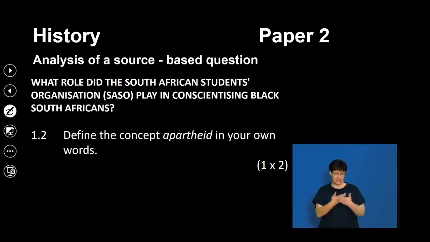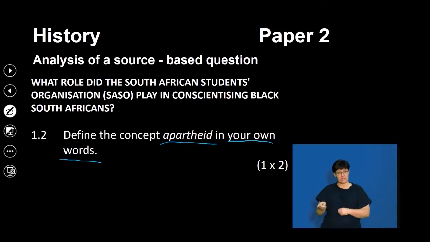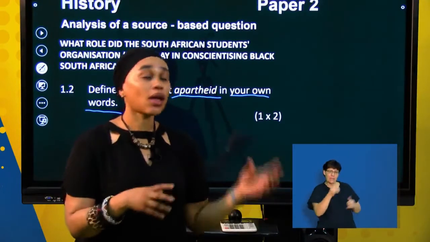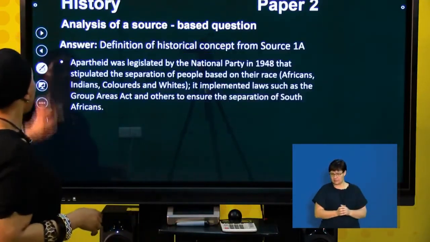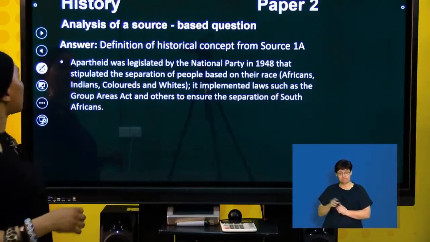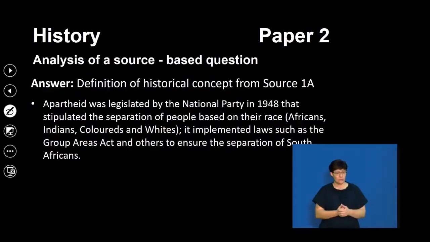Okay, so you remember this question, define the concept of apartheid in your own words. So what you'll find is that apartheid will appear in the source, but it will not be defined. So you need to show your own understanding of having studied this section of what apartheid was. Now, if you look at the answer here, it's a definition of historical concept from source A. Apartheid was legislated by the National Party in 1948 that stipulated the separation of people based on their race: Africans, Indians, coloureds, and whites.